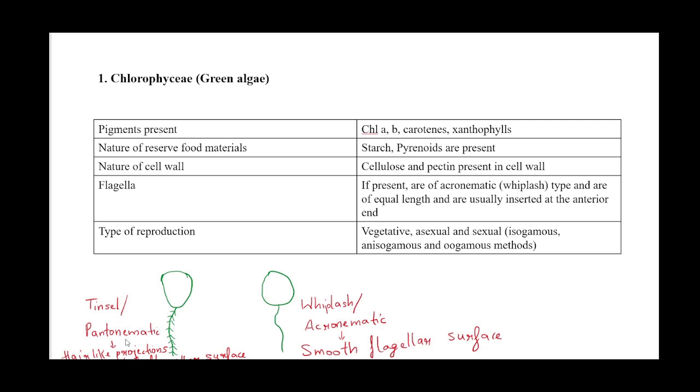In pantonematic flagella, there are hair-like projections that project out of the flagellar surface. The second type is acronematic or whiplash type of flagella. Acronematic or whiplash type of flagella do not have hair-like projections on their surface, so they have a smooth flagellar surface. So in Chlorophyceae members, acronematic or whiplash type of flagella are present.